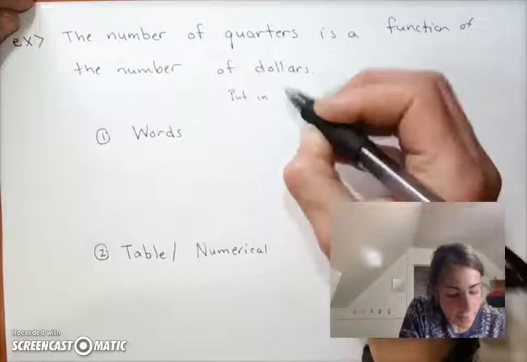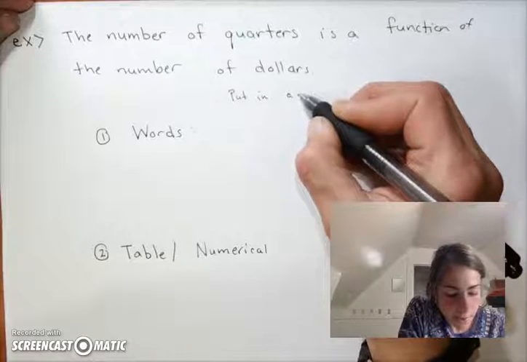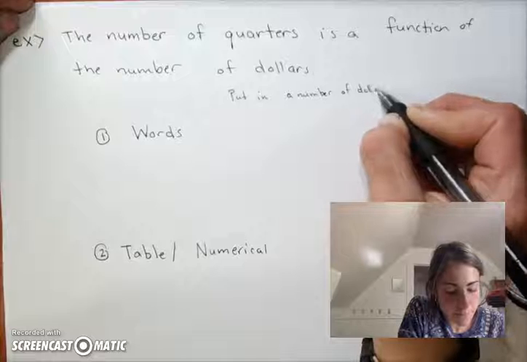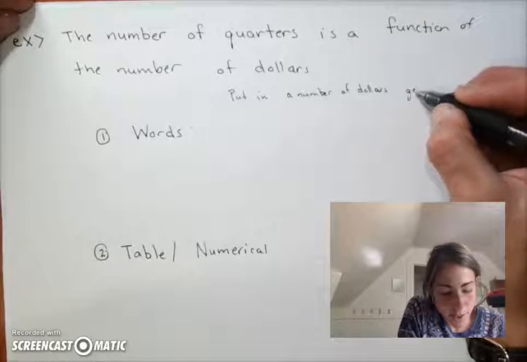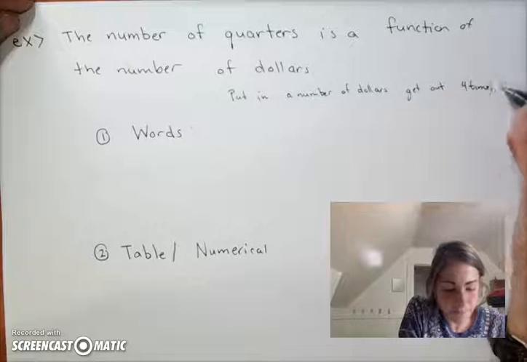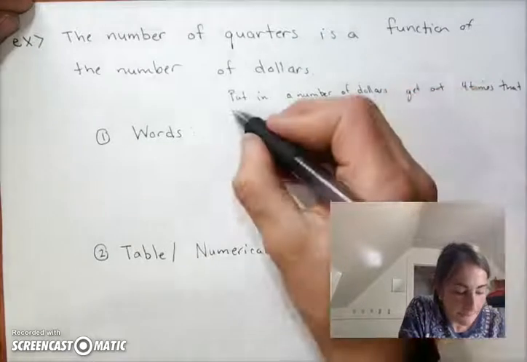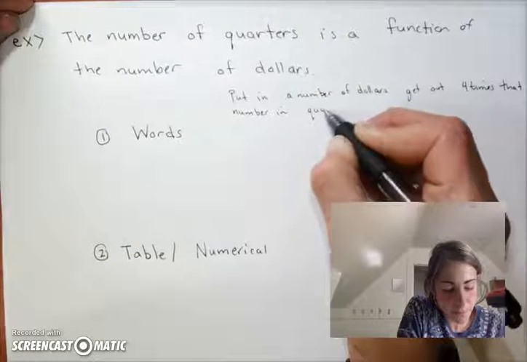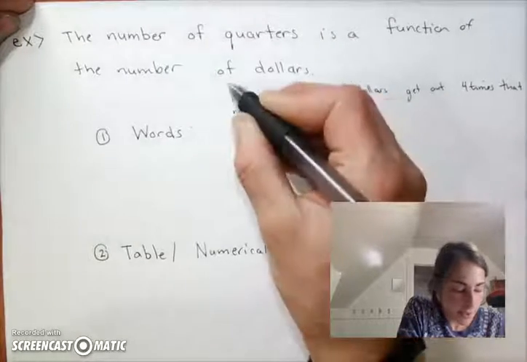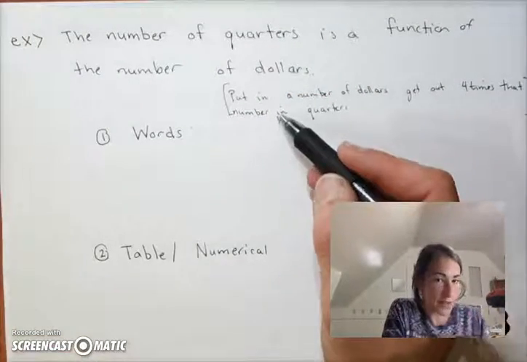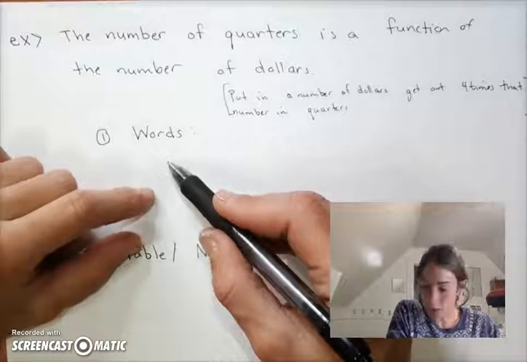Put in a number of dollars, get out 4 times that number in quarters. So that's the situation. We basically have just described this function in words.